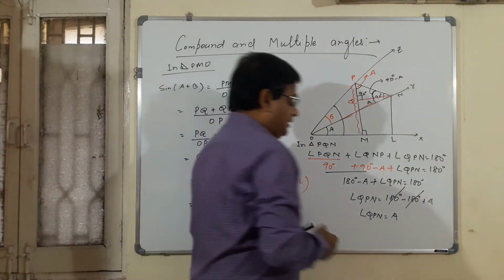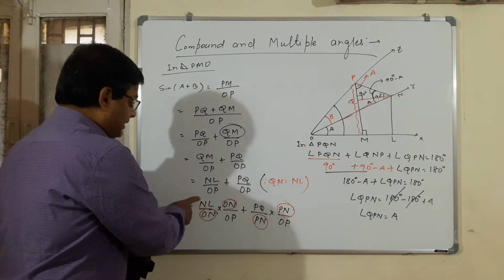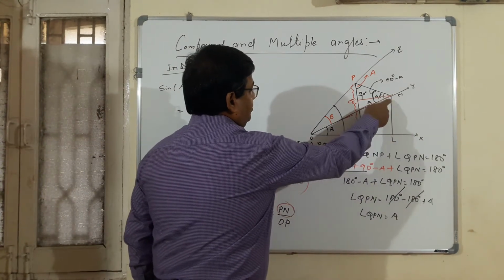Now, see here in triangle, NL divided by ON.